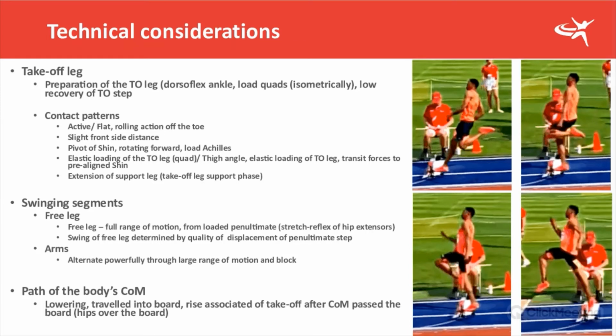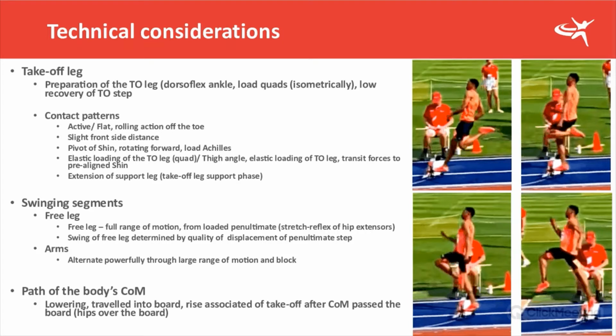Some technical considerations: we've got Miguel Echeverria here from his 8.83 jump. These images are really for illustration, and there are a couple of things I would suggest to him that might improve his takeoff if he needs it. First, preparation of the takeoff leg. We want to see dorsiflexion of the ankle, and isometrically we want to see loading of the quads.